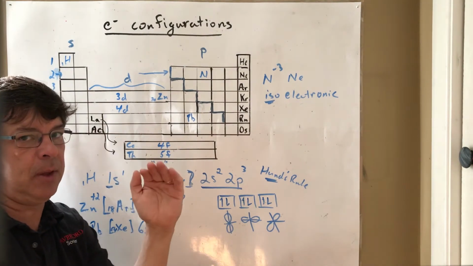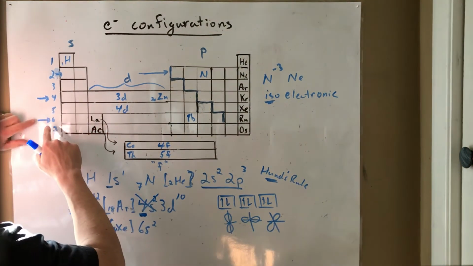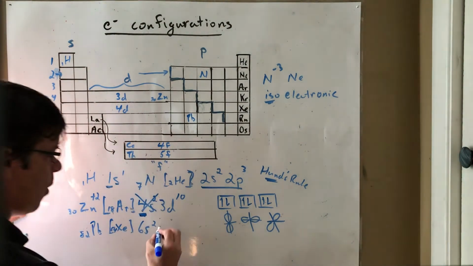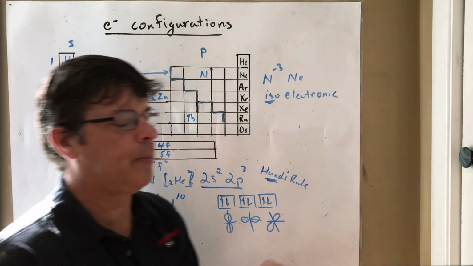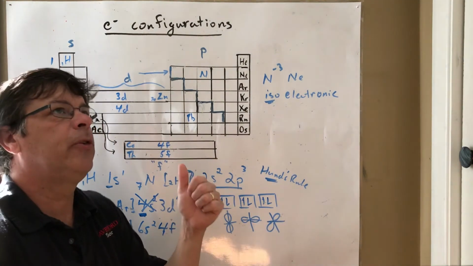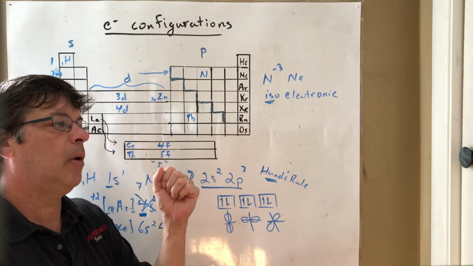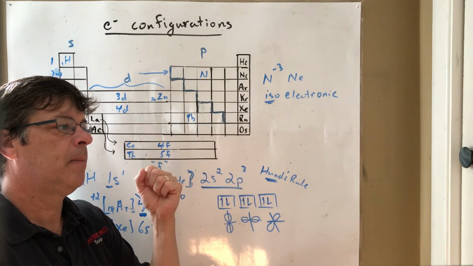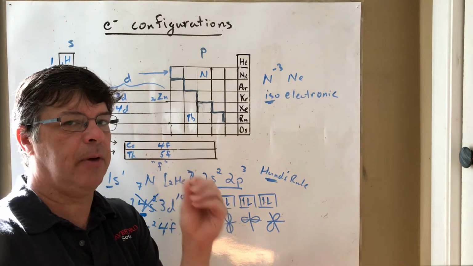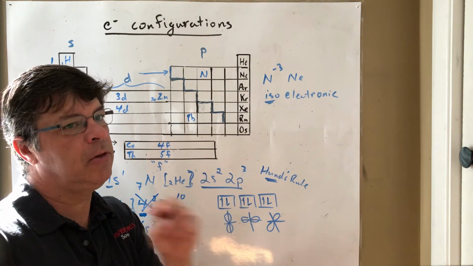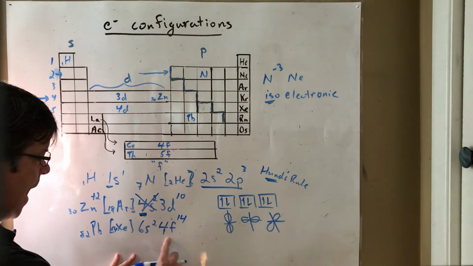So we know it's 4f. All right, how many electrons can the f orbital hold? The s can hold 2, the p's can hold 6, the d's can hold 10. I guess what's next is 14. There's 7 different f orbitals, 2 in each. That's 14. All right, so we got that.